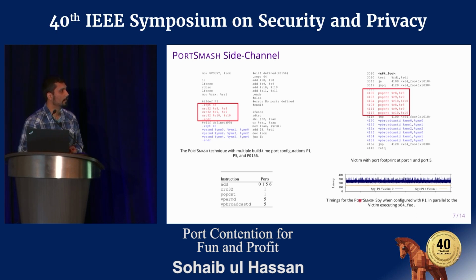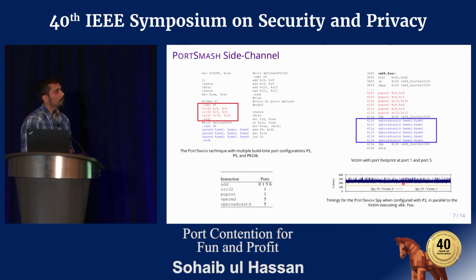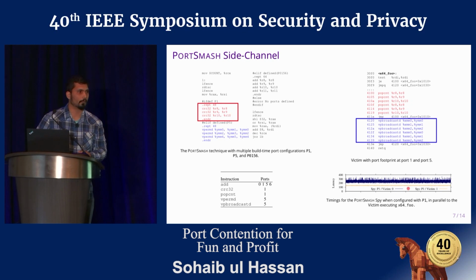And if you can see here, for both on port 1, there's a port contention. We get a timing side channel, and we have higher latencies here. And when the victim is on the other branch, the latencies are flat here. So from this timing side channel, we can infer which secret bit is being executed on the victim here.